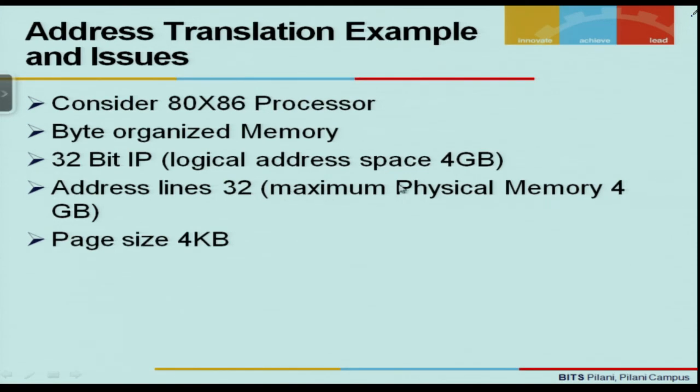Therefore, the maximum physical memory which could have been connected to a Pentium processor was 4 gigabytes. Intel processors use page sizes of 4 KB and 4 megabytes, but for our example we will take 4 KB and discuss the various issues.